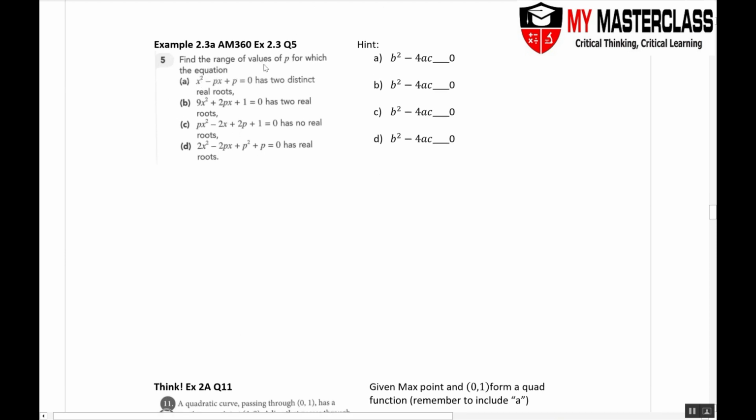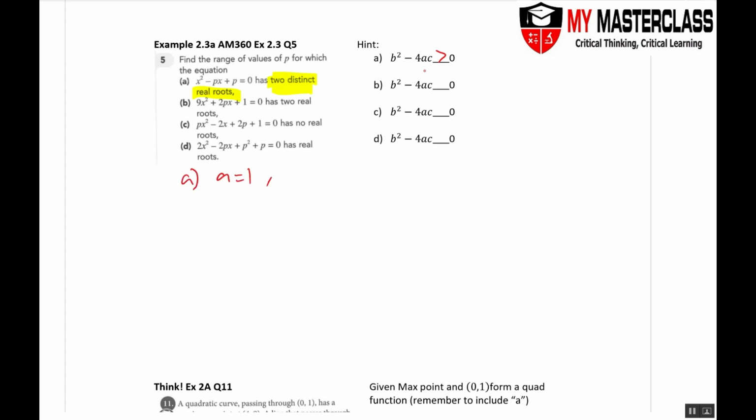Find the range of values for p. So this is no longer x or y. The equation x squared minus px plus p equals 0 has two distinct real roots. If I have two real and distinct roots, my b squared minus 4ac should be more than 0. Part A, same thing: identify your a, b, and c.